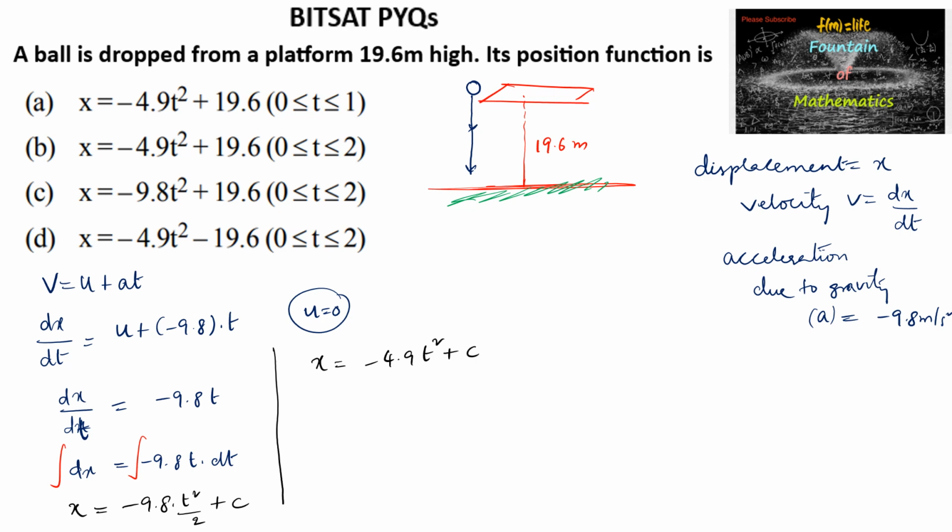plus c. Now in the initial case, when initial velocity u is equal to 0, and the initial time t will be 0, when t is equal to 0, the displacement, total length, is 19.6.